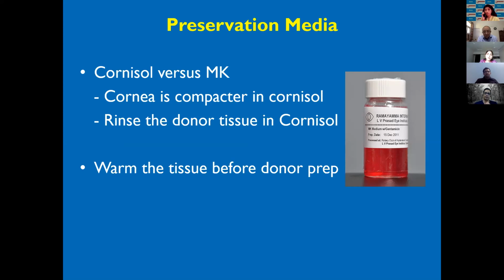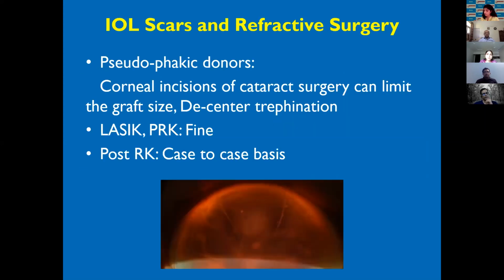And one more important thing to remember is, when we have the tissue, it is important to warm the tissue before donor preparation, because when the cornea is under very cold temperatures, there's more cell loss during tissue preparation. Apart from that, Cornisol we need to rinse because it is somewhat sticky, to ease the DMEK roll preparation.